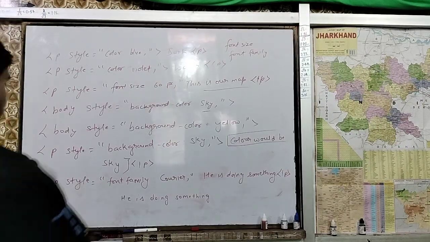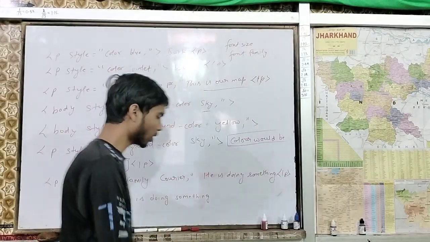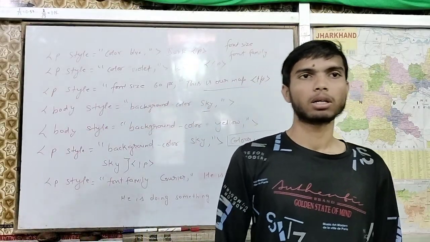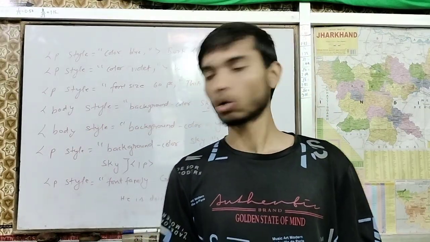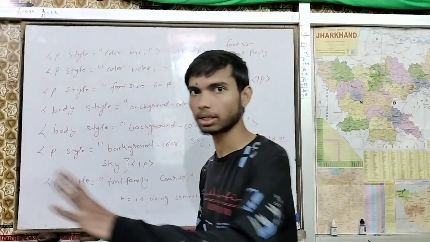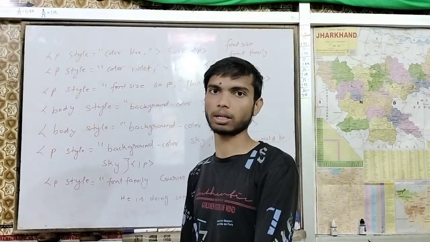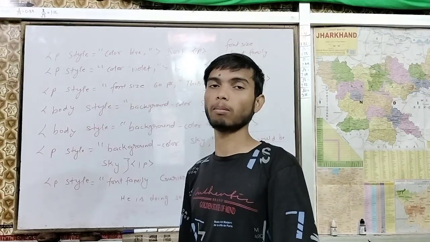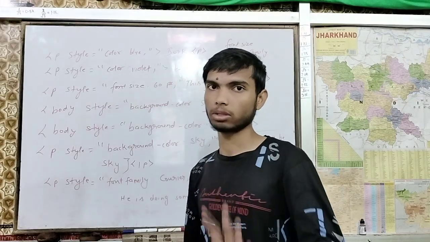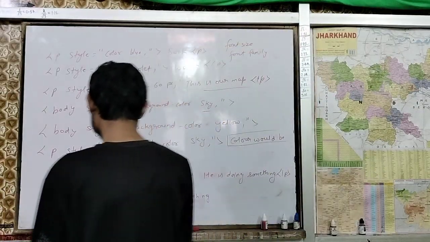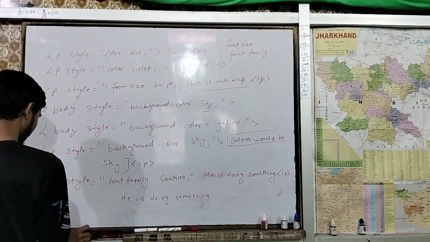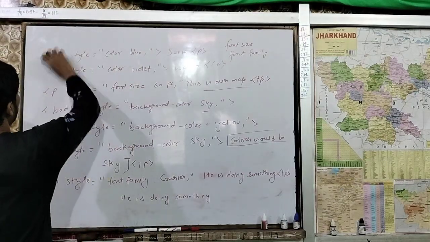Now next, how to align text in center, in left, in right. That is what we are going to see by using the style attribute. Let me show.